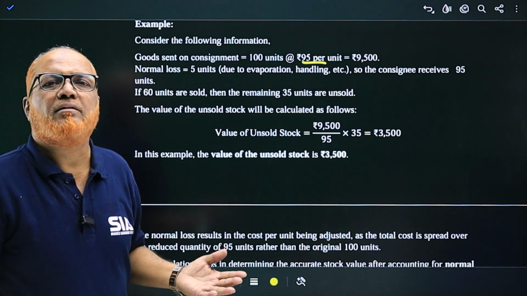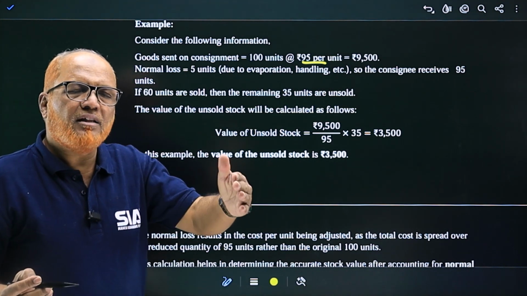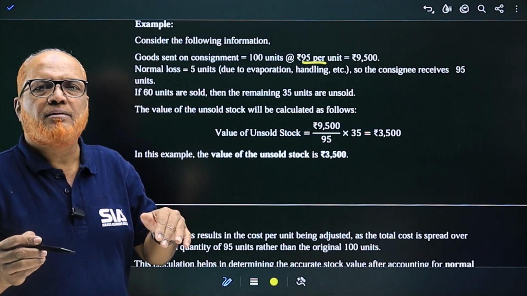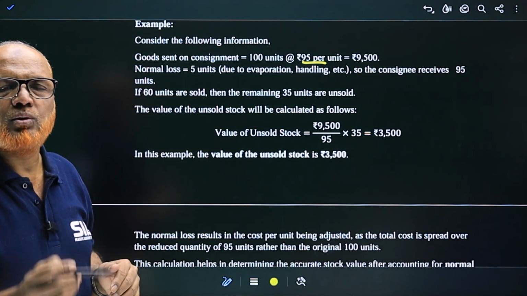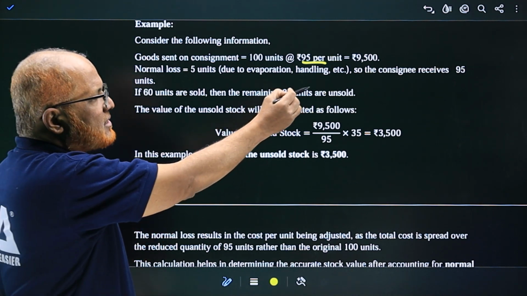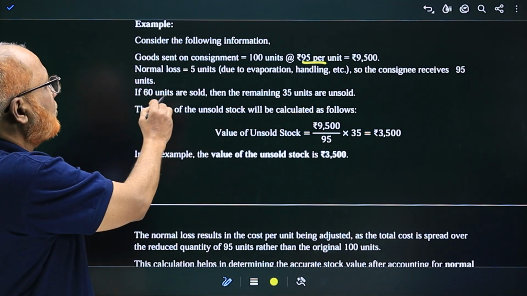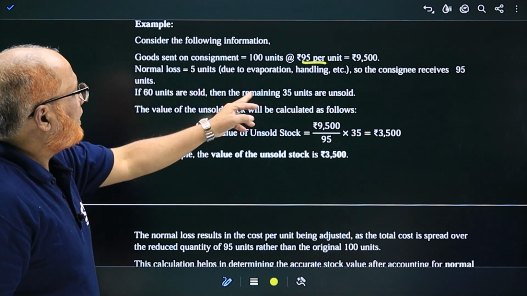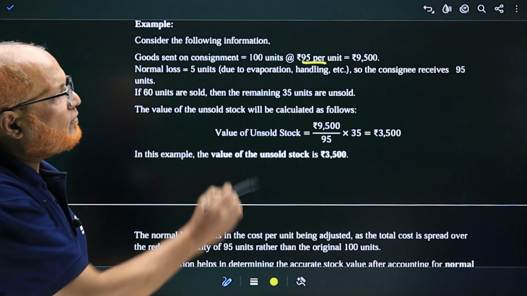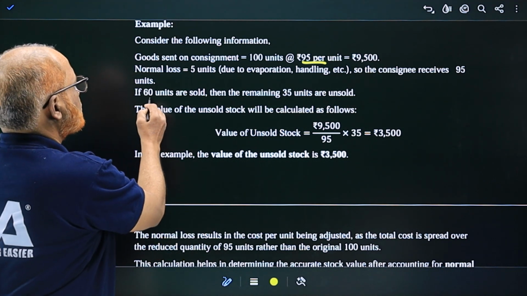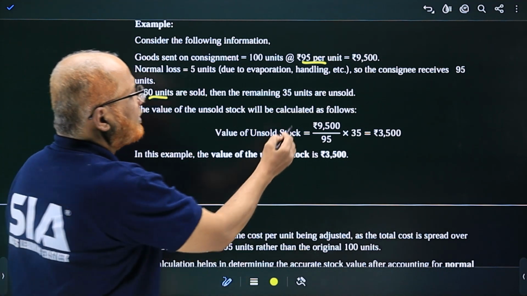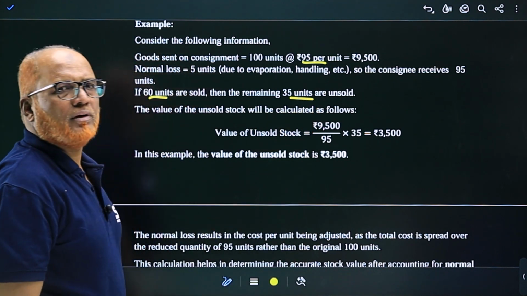It is expected at the time of sending the goods, the consignor expects that 5 units will be lost. So actual units received by the consignee are 95. If 60 units are sold, then out of 95 units received, 60 units are sold, so unsold units are 35 units.